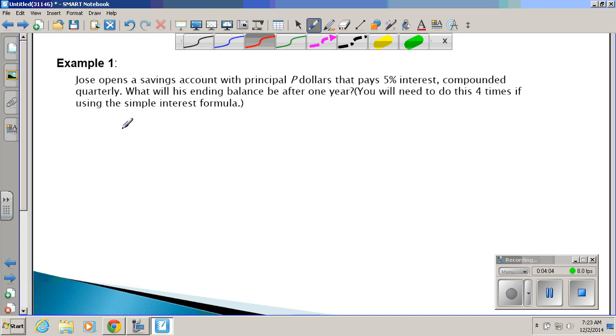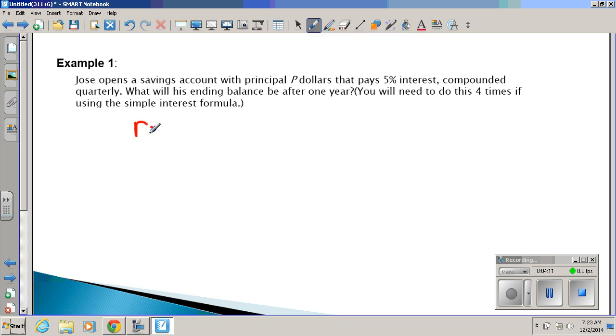His principal is going to be P, which we don't know. His rate is going to be 0.05. And his time, because it's quarterly, is 1/4. Okay, so every 4th of a year.